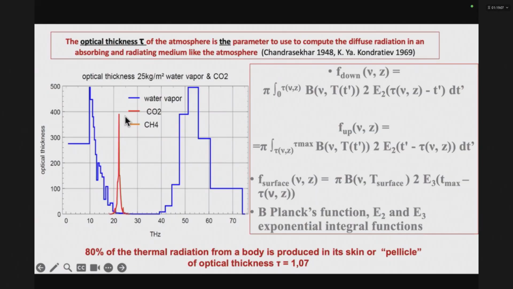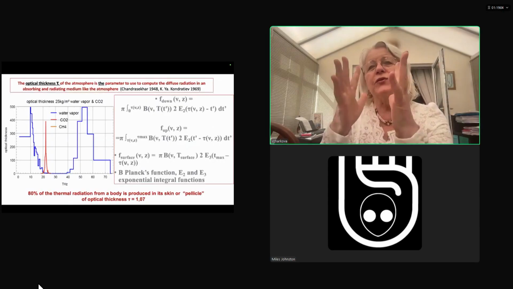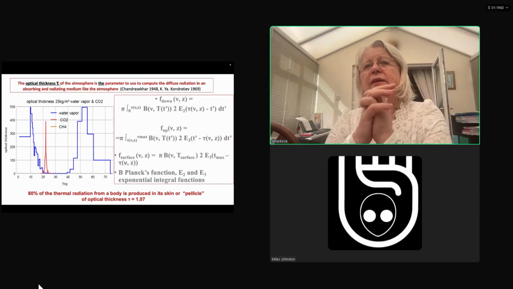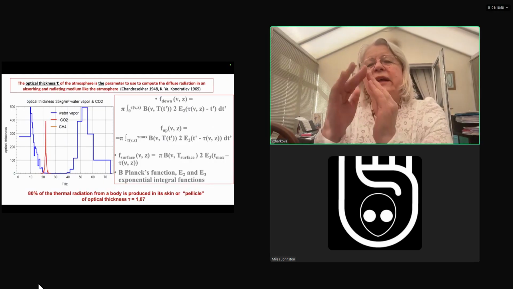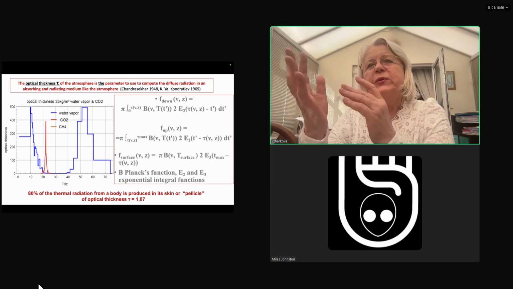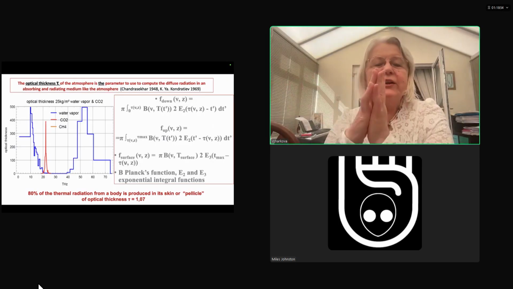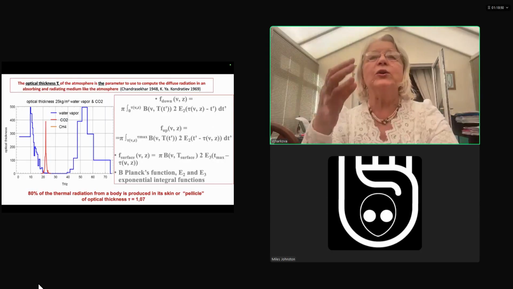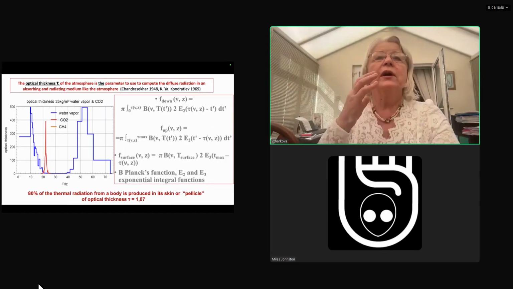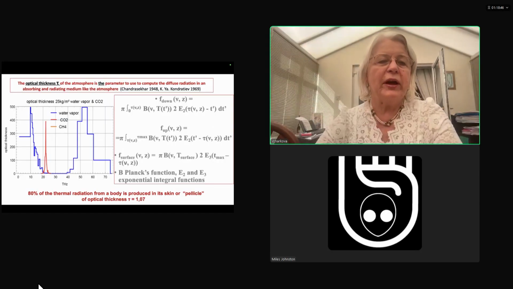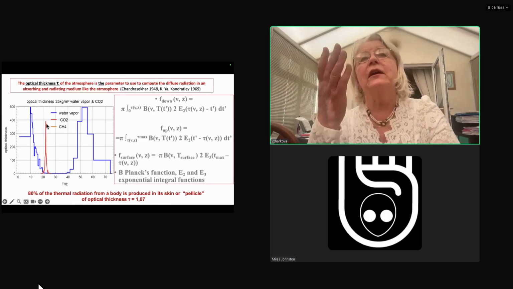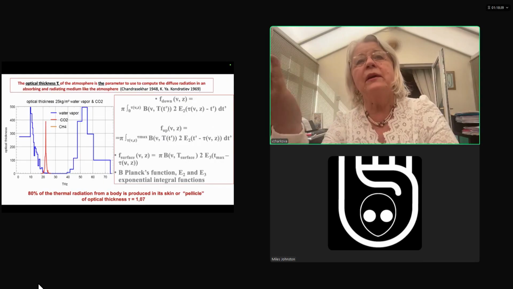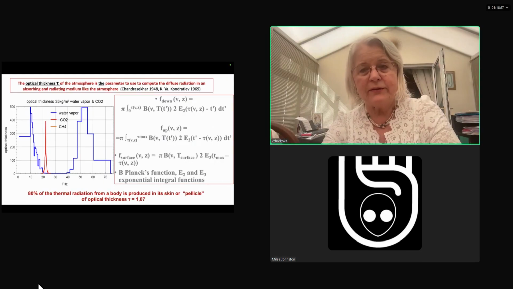What is optical thickness? If a CO2 molecule has an absorption cross section of about 10 to the minus 12 square centimeters, you need to have 10 to the 12 particles on the line of sight to get an optical thickness of 1. To get 400, you need 400 multiplied by 10 to the 12 particles.